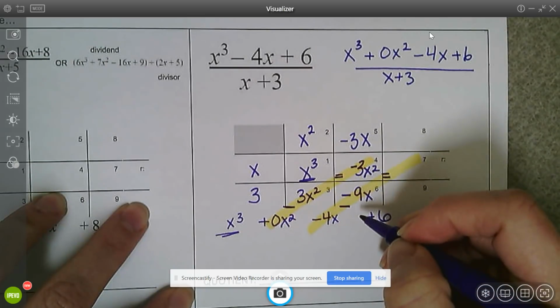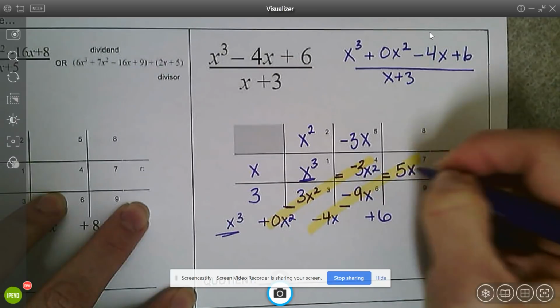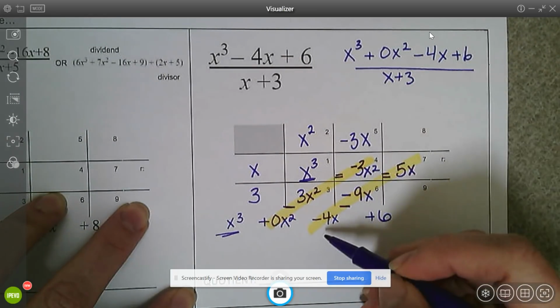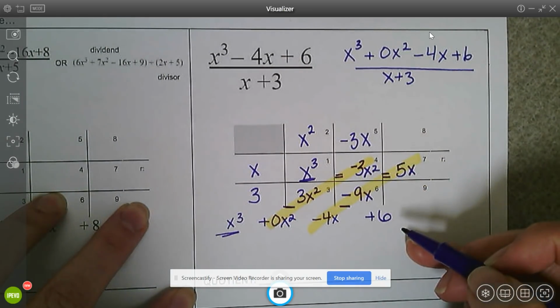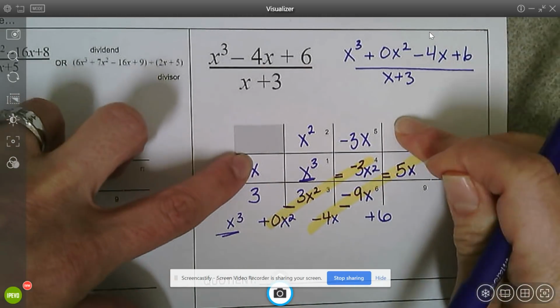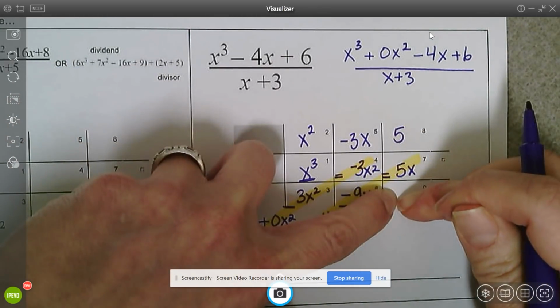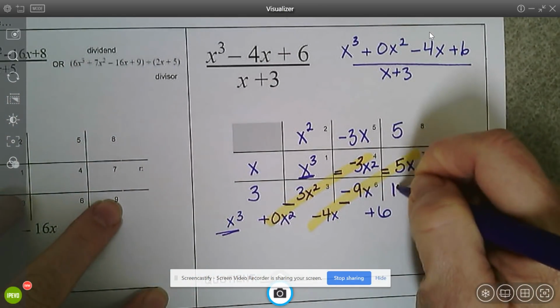Negative 4x minus negative 9x is positive 5x. Be careful with your signs. You need to type it in exactly like this. So something times x is 5x. Well, that's 5. And then I have 5 times 3, and that is 15.